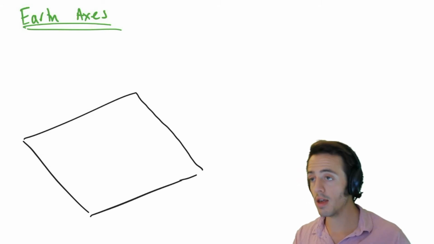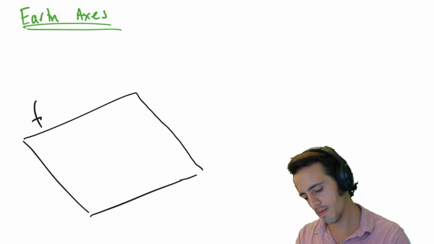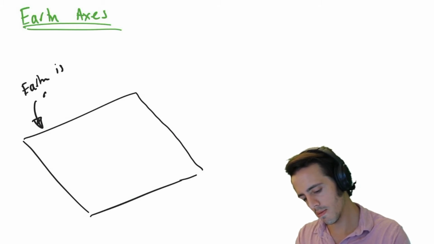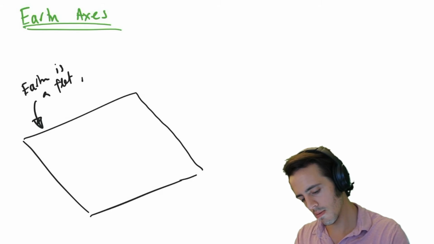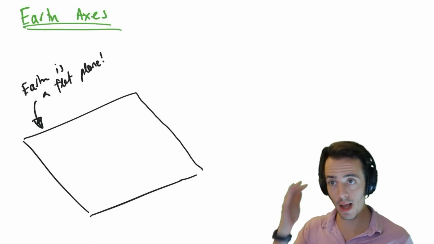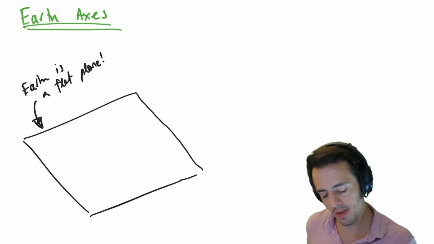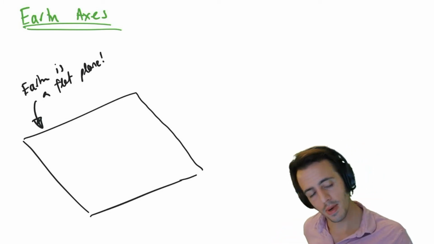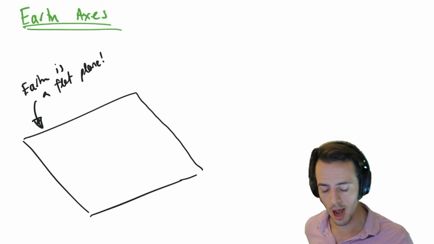And we assume the Earth is a flat plane. Okay, we obviously don't really believe it's a flat plane. I don't think anyone really believes the Earth is a flat plane. Everyone's just playing along with that stupid joke.